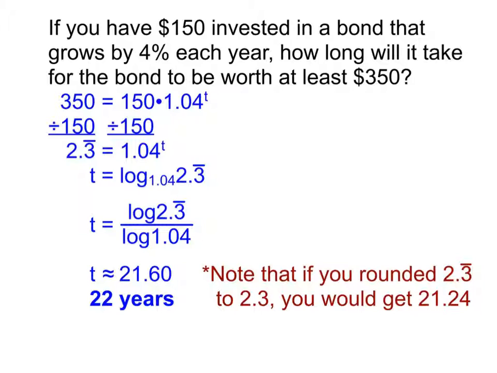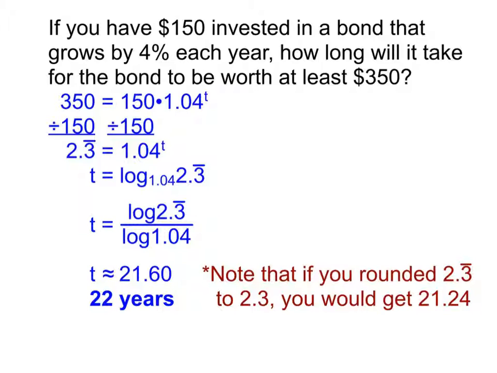But I want to point out, what if we didn't use the whole decimal? What would happen? Well, you notice this 21.6 looks a lot like 22. If we're talking how many years is it going to take, thinking of it as 22 years is fairly reasonable. But what if we hadn't used 2.3 repeating?